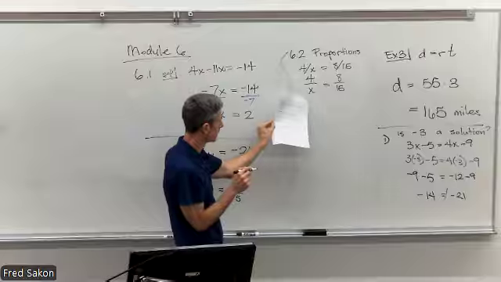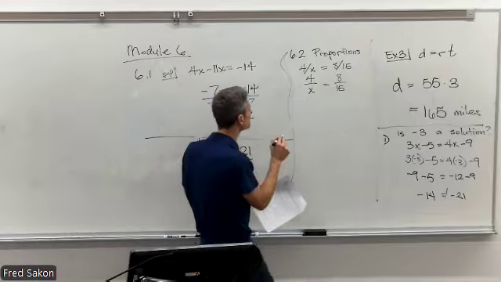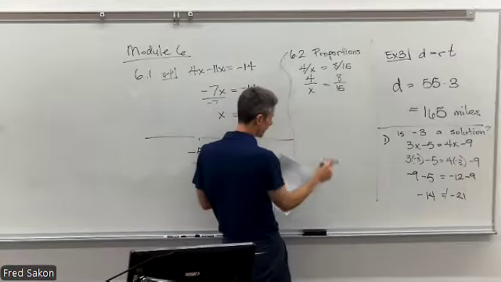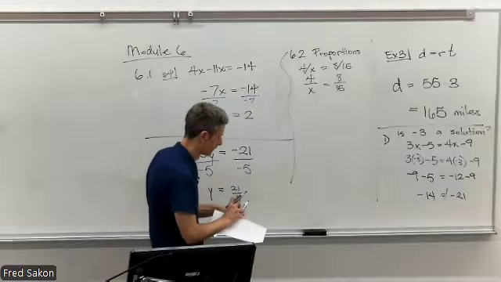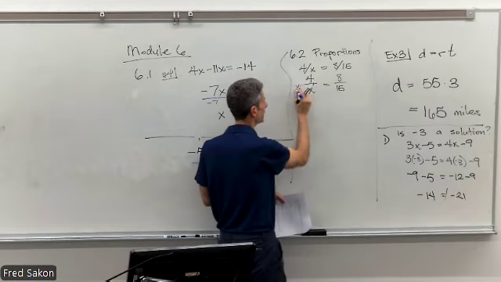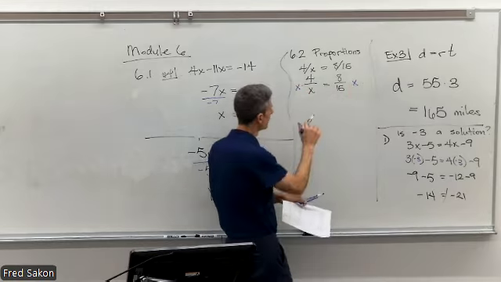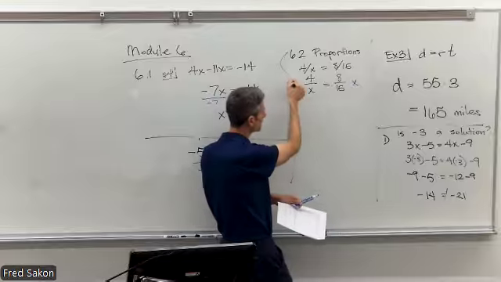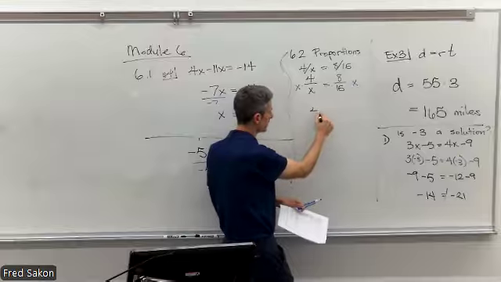And then we can apply some of what we have talked about earlier. In order to get rid of these denominators, I'm going to multiply by x here and x here. Why? Because that gets rid of it right here, leaving me with just 4.